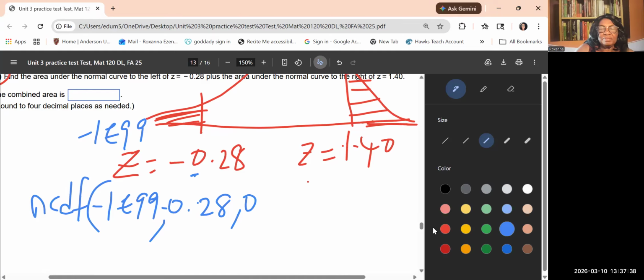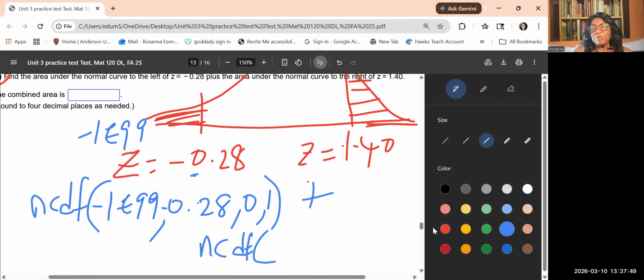The mean and the standard deviation, plus area to the right, cumulative density function. Area to the right of 1.4. So 1.4 is the lower bound. The upper bound is positive infinity. The mean is 0. Standard deviation is 1.